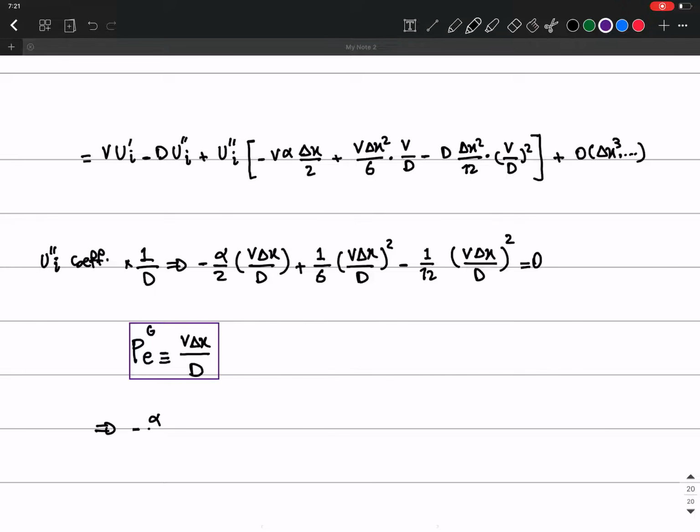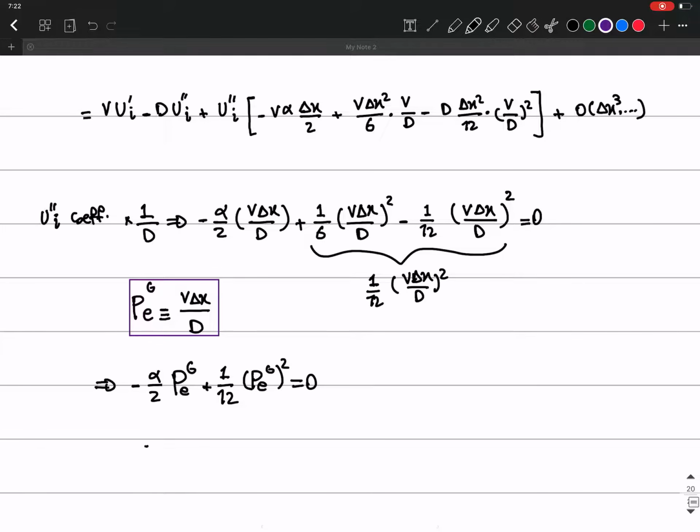So I'm going to get minus alpha over 2, first one is Péclet, plus, and these two are going to give me 1 over 12 v delta x over d squared, right? So I'm going to have plus 1 over 12 Péclet grid power 2 equals 0.